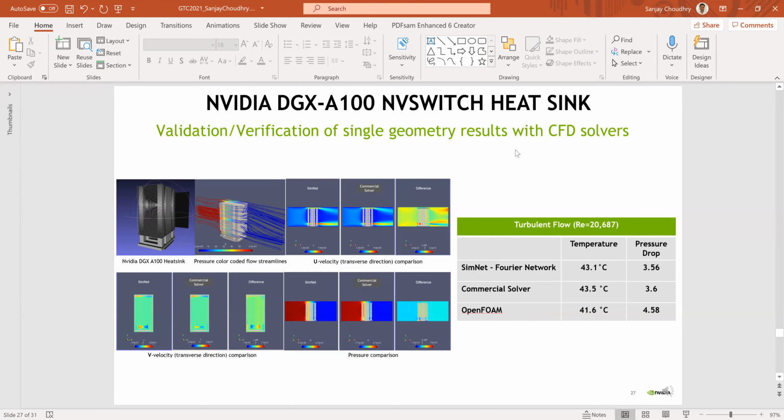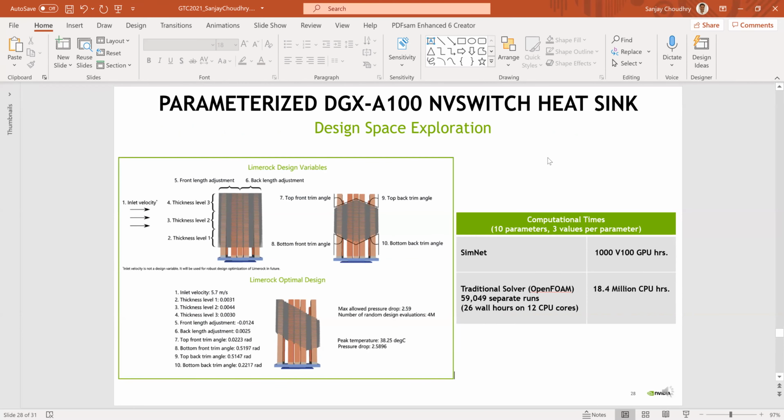So for one geometry, you can get good simulations from these traditional solvers. But when it comes to multiple design parameters, the traditional solvers fall way short. And here is a 10 parameter problem. We took 3 values per parameter, so the 2 extreme values and 1 in the middle. So immediately the problem becomes 3 to the power 10.